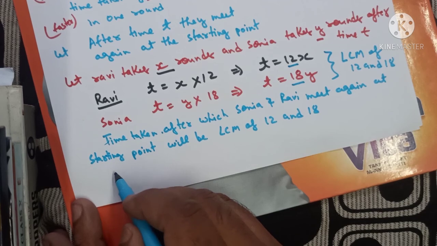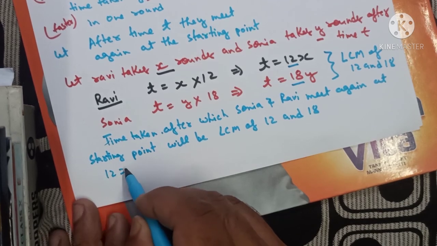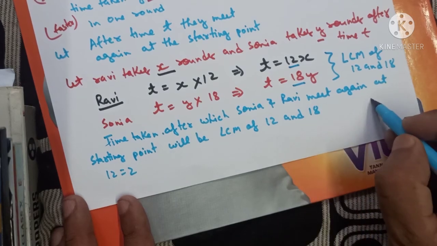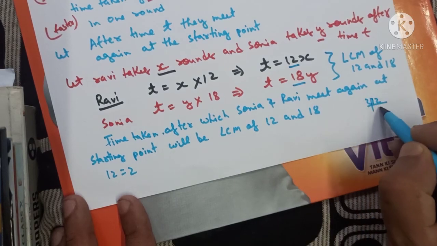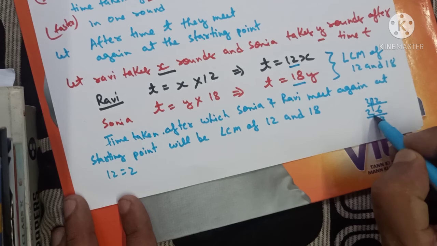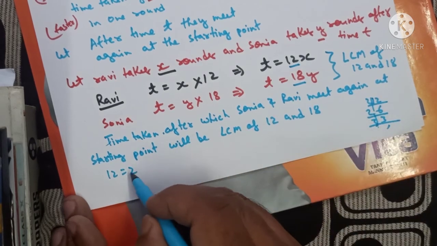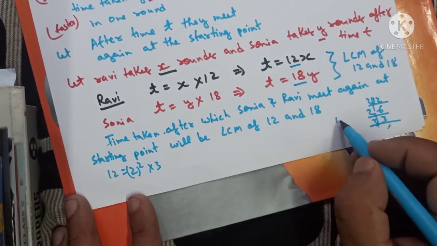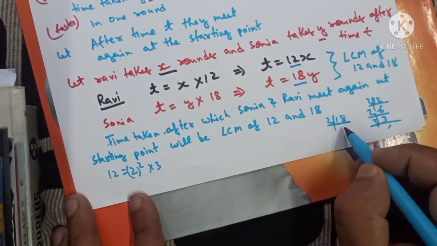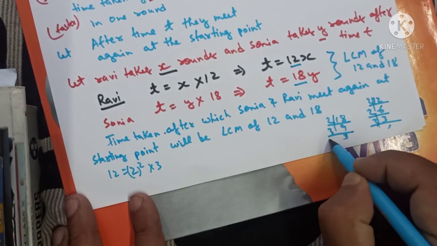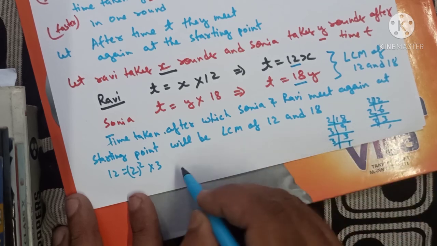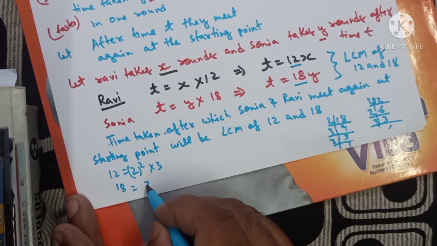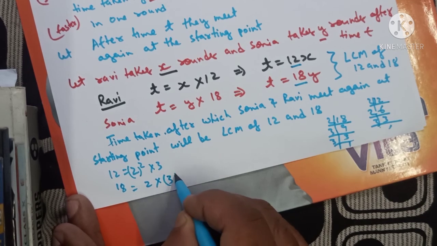So we simply have to take out the LCM of 12 and 18. For 12: 2 sixes are 12, 2 threes are 6, 3 ones are 3, so 12 is 2 raised to the power 2 into 3. For 18: 2 nines are 18, 3 threes are 9, 3 ones are 3, so 18 is 2 multiplied by 3 raised to the power 2.